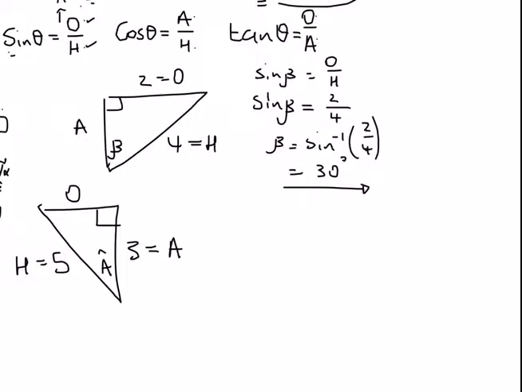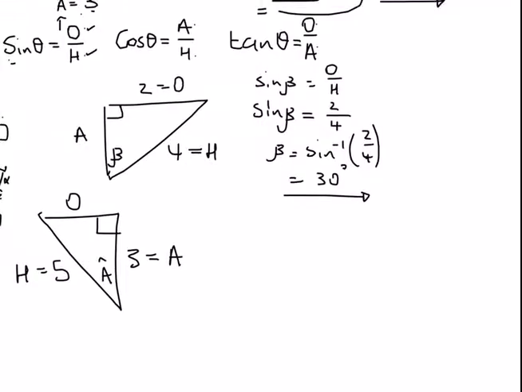So which trigonometric ratio has not the opposite, but the adjacent and the hypotenuse? Could it be sine? Nope, it's not sine, because sine talks about hypotenuse and opposite. Could it be cos? Oh yes, it seems to be cos, because it is the one that has the adjacent and the hypotenuse.